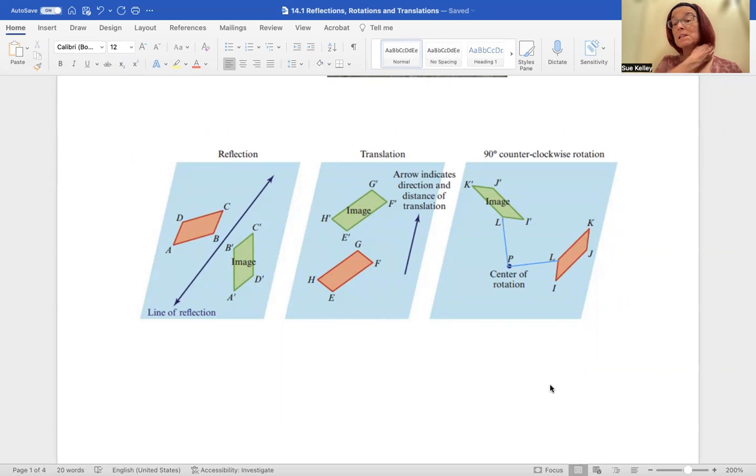That's what it means when we are doing a 90-degree rotation. Similarly, if I draw a line from I to P, and then from P to I prime, it's going to give me a 90-degree angle. So that's what we mean by a 90-degree rotation.